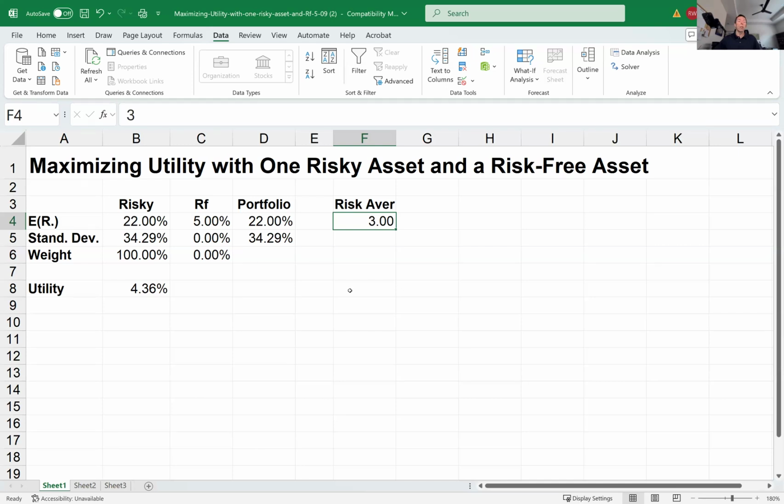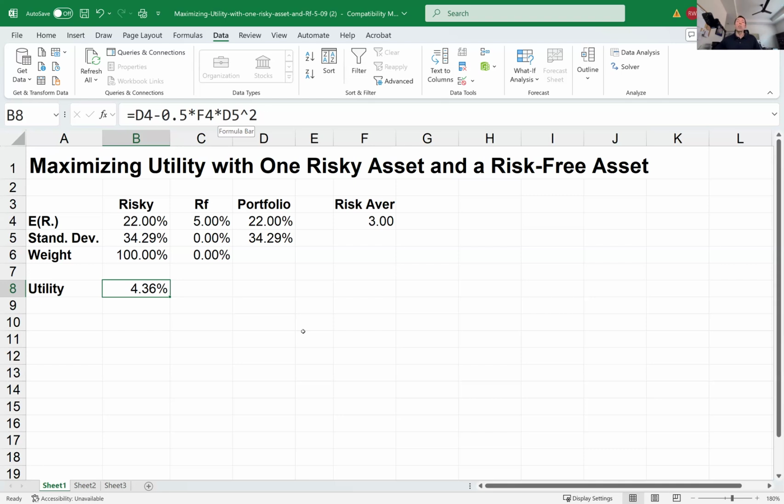I've set this up as 3. And here is our utility function, the quadratic utility function that we have been looking at, which is equal to the expected return on the portfolio minus 1/2 times A, referencing our A over there, times the standard deviation of the portfolio squared.